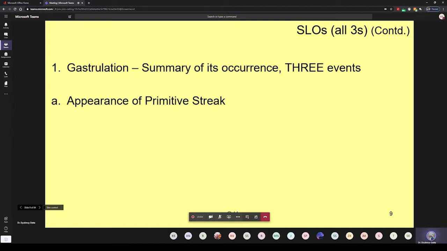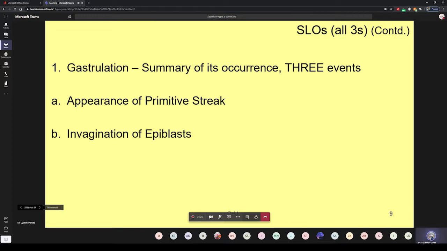All these have been covered by Madam. I am simply emphasizing for today's class how we are having a continuity, right? So the first and important event for gastrulation to occur will be the appearance of the primitive streak in the epiblast.